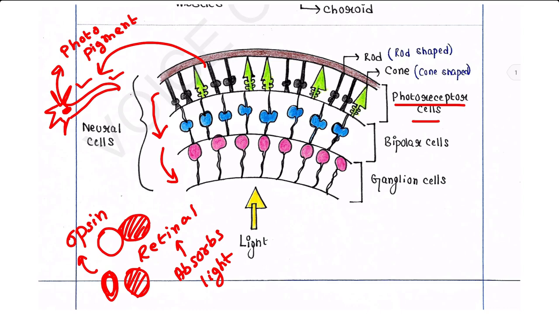So from these ganglion cells, the nerve impulse will now move toward the optic nerve.